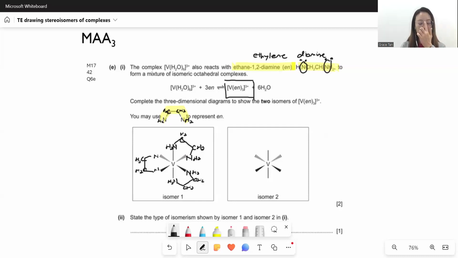Now you can see that this is how I draw the 3 ethane 1,2-diamine on your vanadium ion. As much as you have the freedom to clamp anywhere you want, there's only one thing that you can't do, which is opposite. For example, please do not clamp top all the way to the bottom.